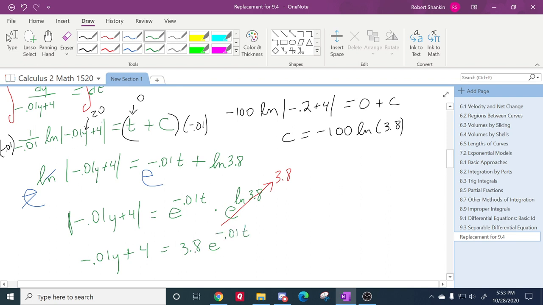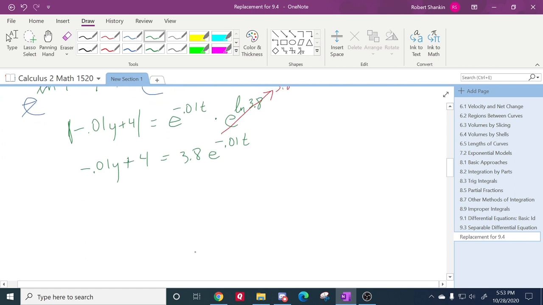And then we subtract 4 from both sides. Divide both sides by negative 1/100th.